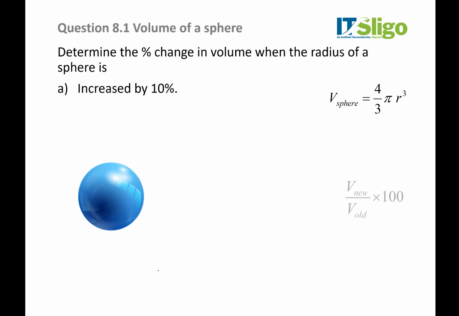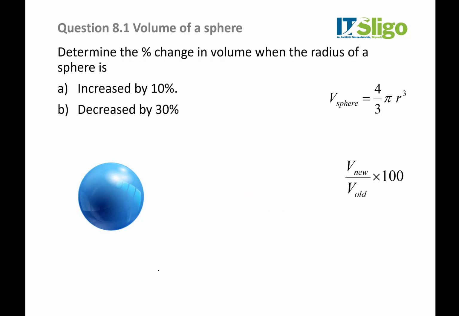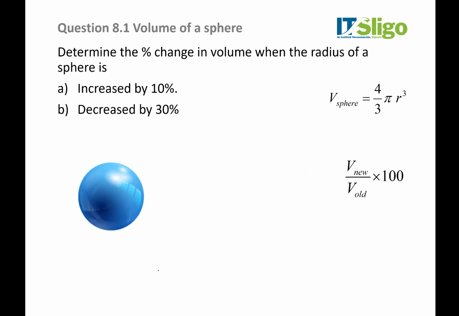So here's a similar type problem. First of all, find the percentage change in volume when the radius of a sphere is increased by 10% and then decreased by 30%.